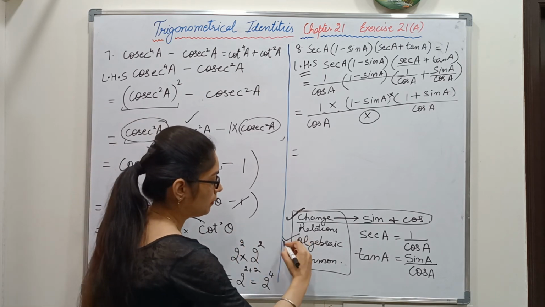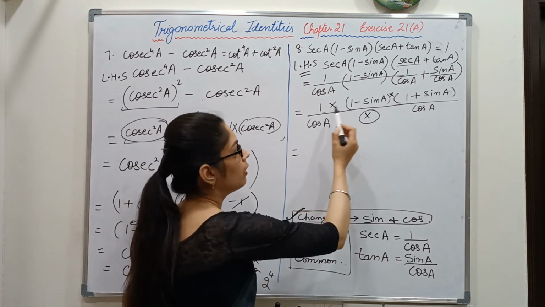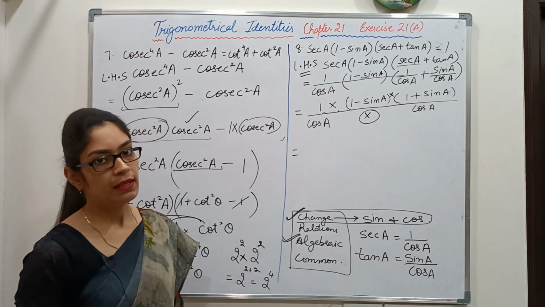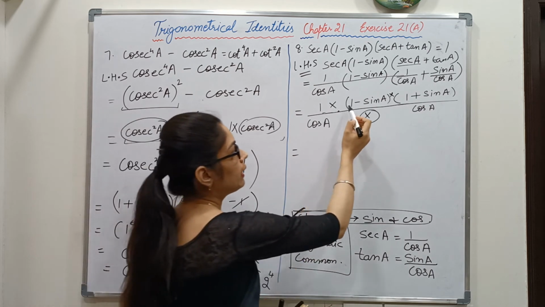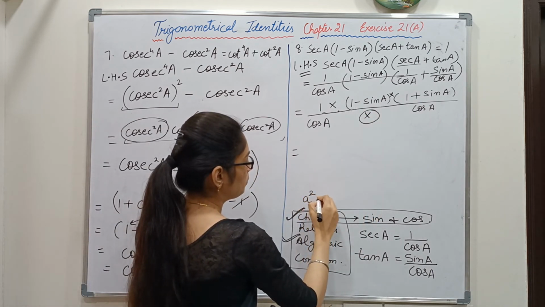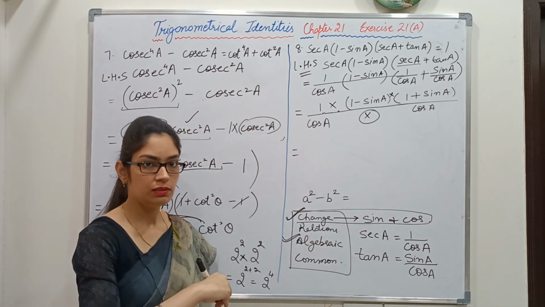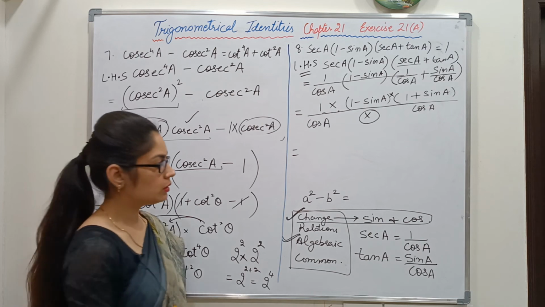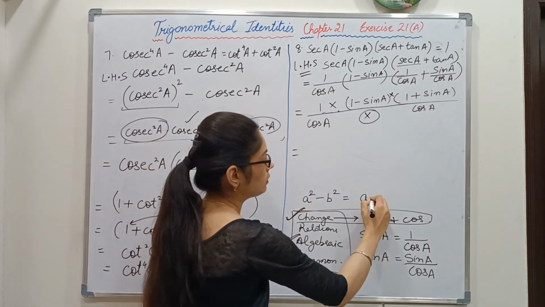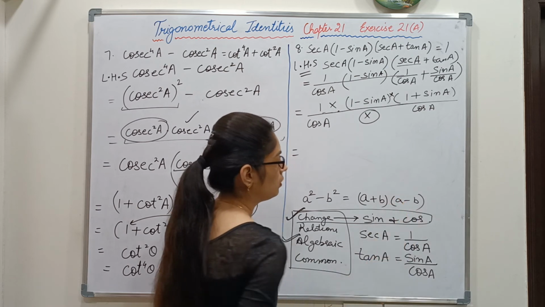Now this thing we will see. It is 1 into anything, which stays the same. Here we have the algebraic expression a square minus b square, which we used in previous questions. Its expansion is a plus b into a minus b.